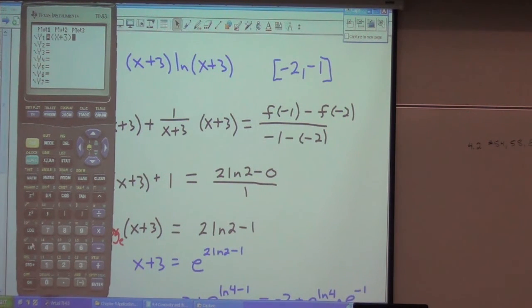So x plus 3 times the natural log of x plus 3. I'm going to change the window to go from -2 to -1, and then zoom fit. So this is saying that for that value of x that we figured out, the slope of a tangent line equals the average rate of change.